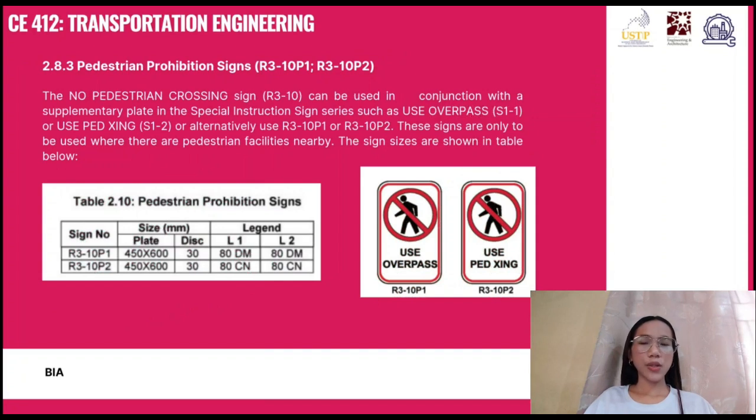So next is 2.8.3, kaning pedestrian prohibition signs, or R2-3-10P1 and R2-3-10P2.